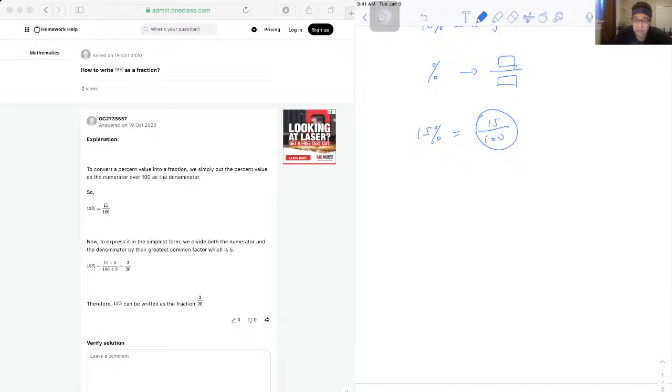But we're not done with the question yet, since we need to write it in the simplest form. So we need to divide both the numerator and the denominator by their greatest common factor.